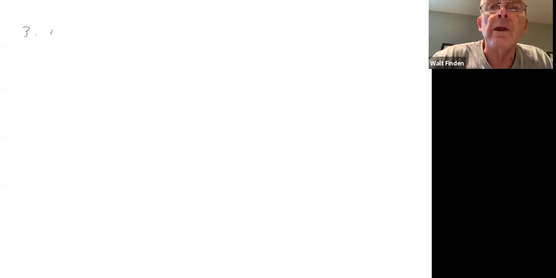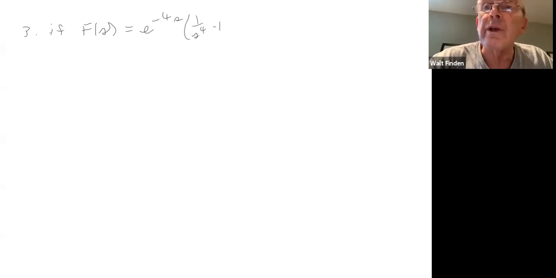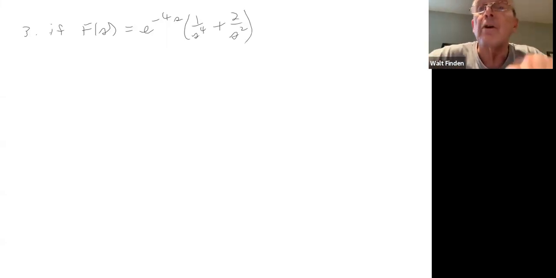So if we get capital F of s equal to e to the minus 4s times 1 over s to the 4th plus 2 over s squared, I like to write that and get it into the proper form.